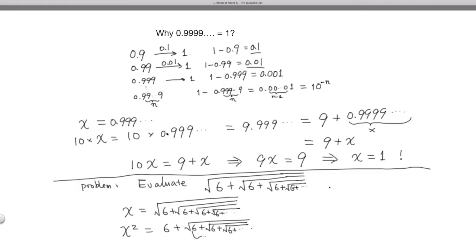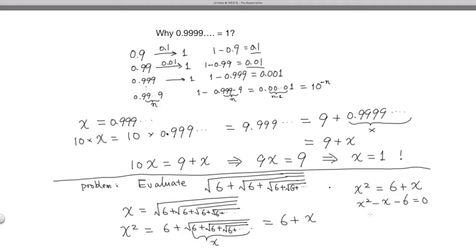Do you recognize this term? By removing one 6 from under the square root, the inside thing is still x. Agree with that? So this whole thing equals 6 plus x. Again, we have x squared equals 6 plus x, or x squared minus x minus 6 equals 0.